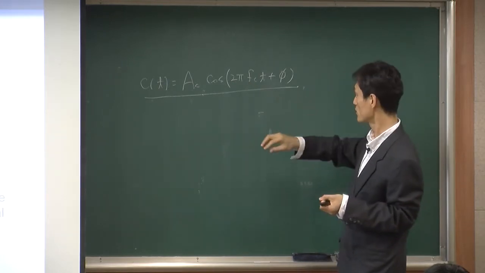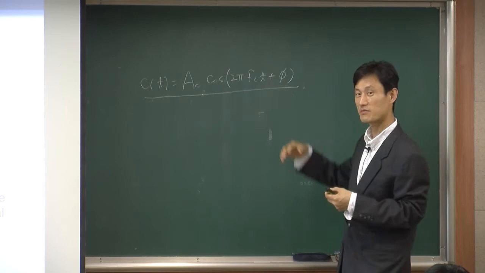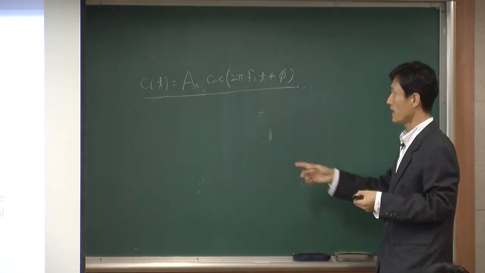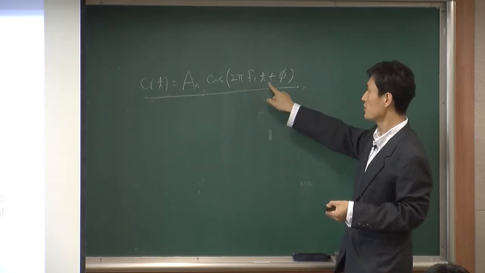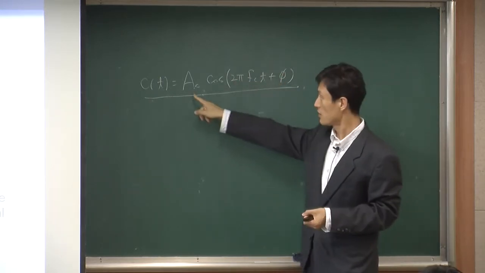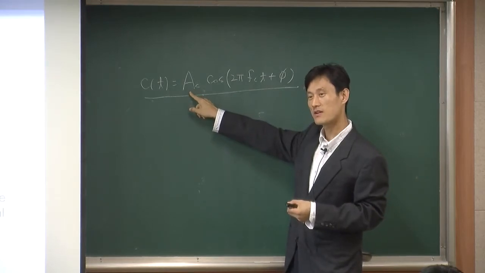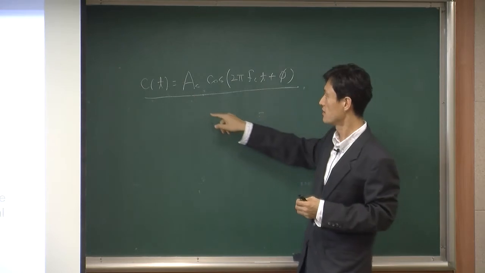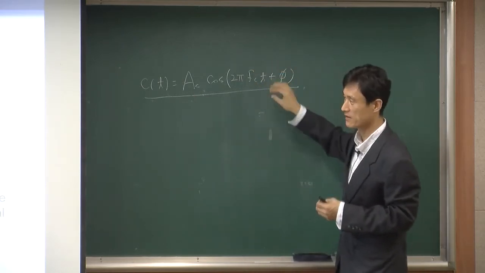When you put the message into the phase, that's going to be phase modulation. That's the difference, right? Frequency modulation and phase modulation are both part of angle modulation. So this amplitude is constant, because we don't change it, right? This is still constant because we put the message into the angle.